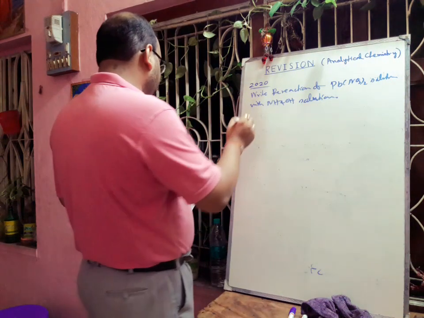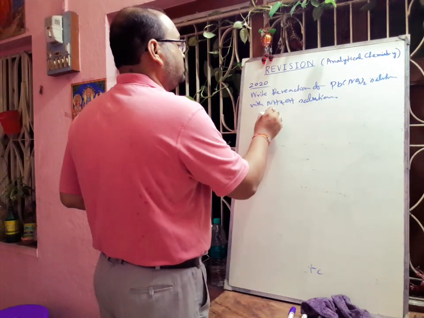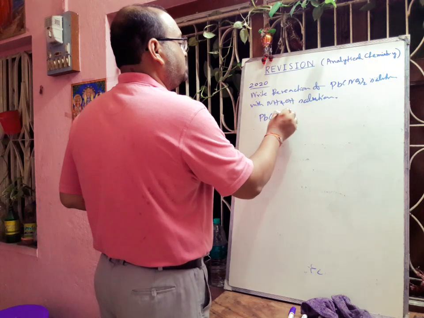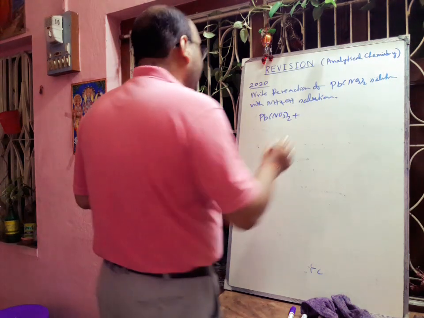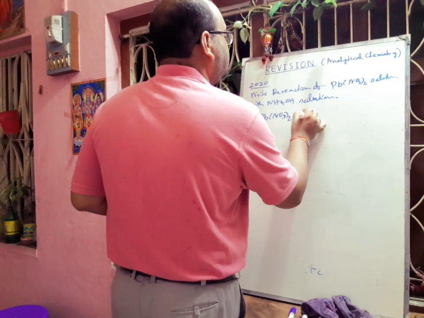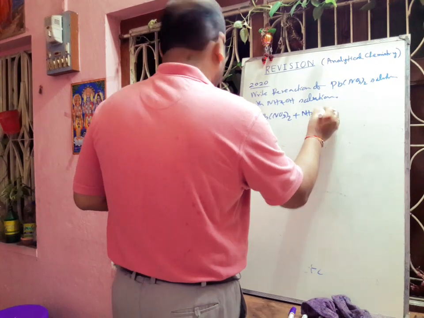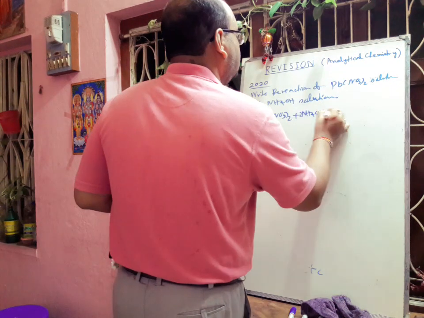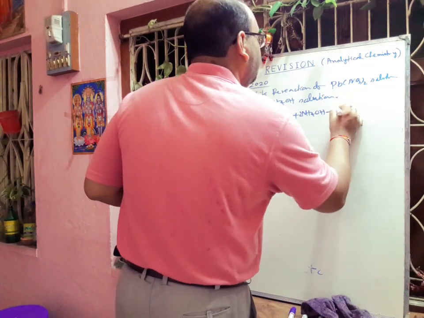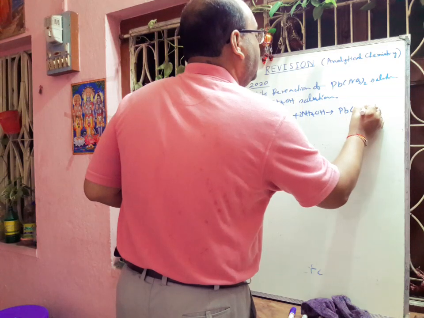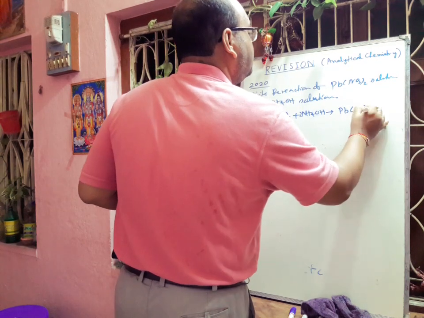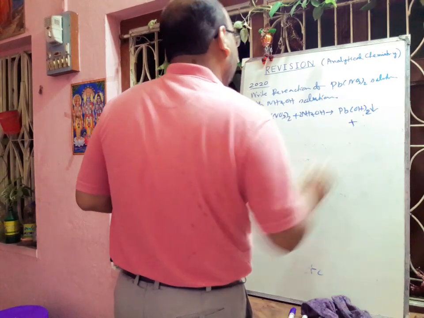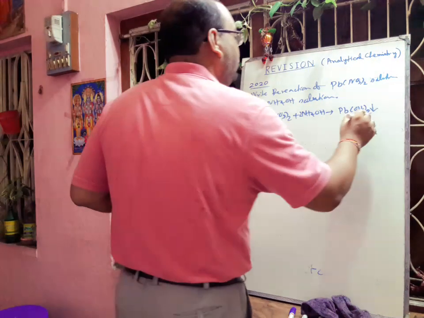Here lead nitrate will react with ammonium hydroxide solution to form the chalky white precipitate of lead hydroxide, plus there will be formation of ammonium nitrate.